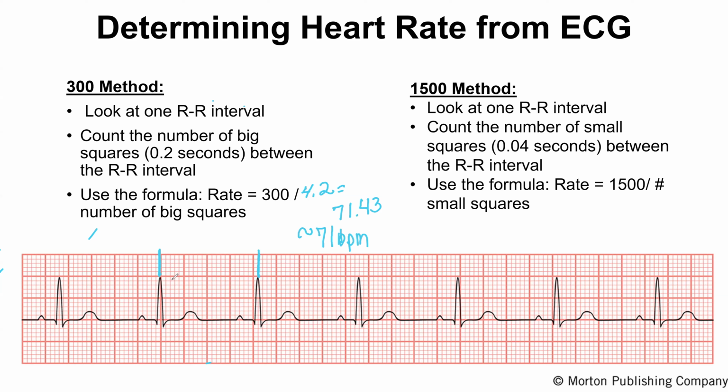Because there's 1, 2, 3, 4, 5, that's 5, another 5 that's 10, another that's 15, another that's 20, and 21. So here we're going to do 1500 divided by 21, and we're going to get 71.43, aka 71 beats per minute.